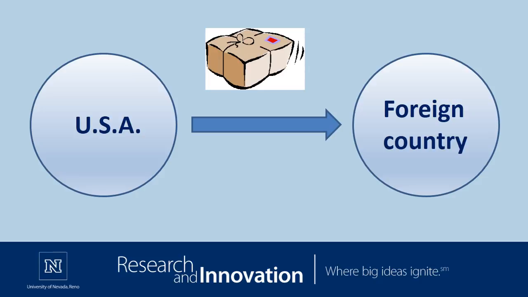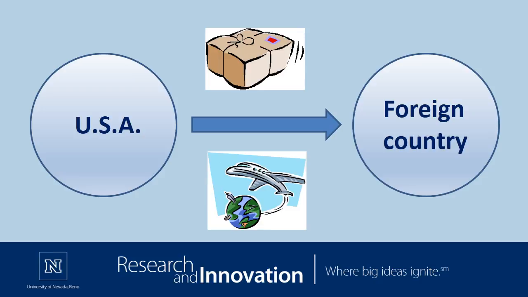For example, people at universities may send research samples to foreign collaborators, ship equipment out of the country for repair, or ship equipment in advance of a research project. Each of these shipments is an export and may require an export license. University travelers also export whenever they take things with them on foreign travel.